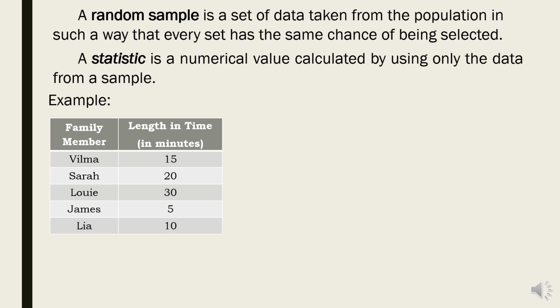So for example, we have Vilma and Sarah. You have observed that the random sample size n is equal to 2, so we only get 2 out of 5 members. Now, if we compute the sample mean, take note that the symbol of the sample mean is x bar.